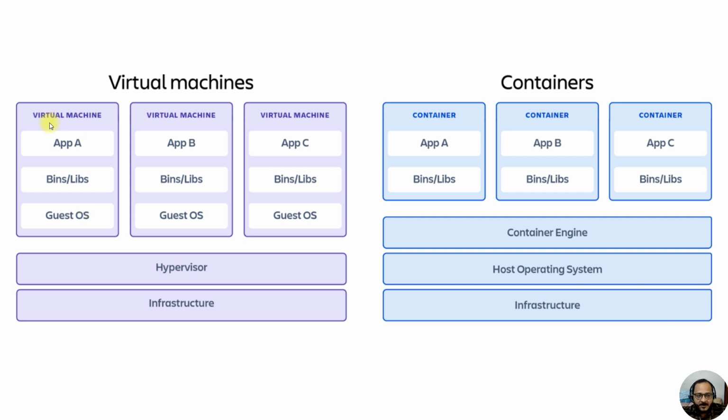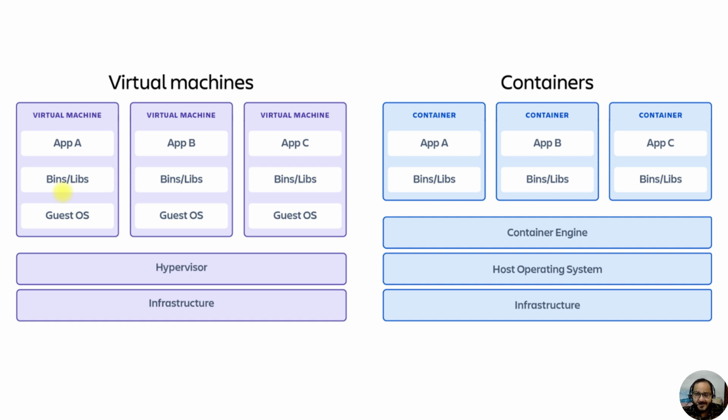So they are not lightweight, they are mostly heavy, because whenever we install an operating system, that operating system itself consumes around 20 to 30 GB of space. So it becomes very heavy, and it is not easy to move a virtual machine from one environment to another. That's why containerization was introduced.